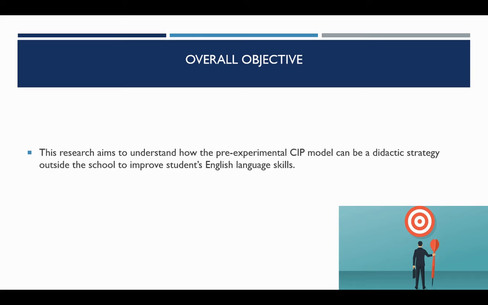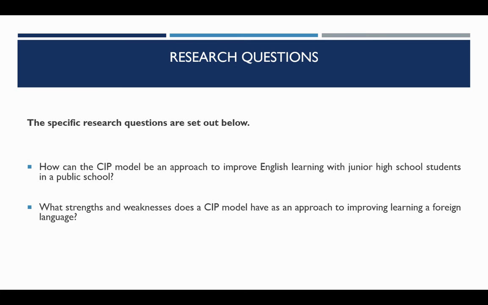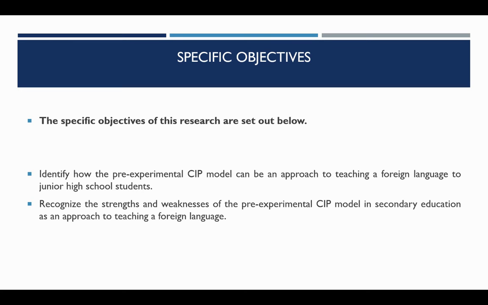And okay, specifically about the overall objective, this research aims to understand how the pre experimental CIP model can be a didactic strategy outside the school to improve students' English language skills. Okay, and talking a little bit about the specific objectives.